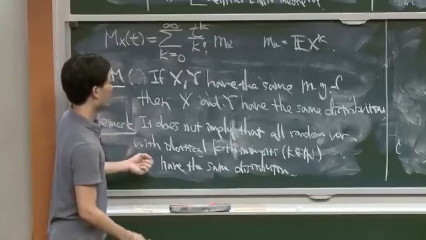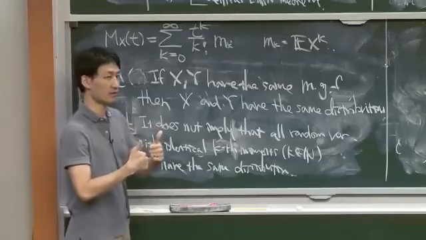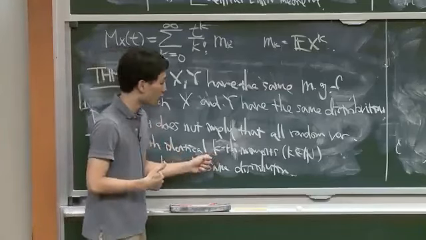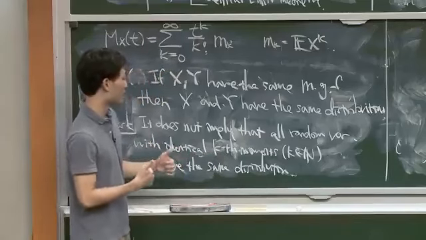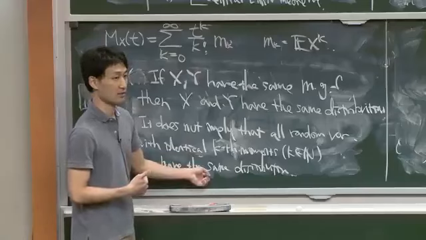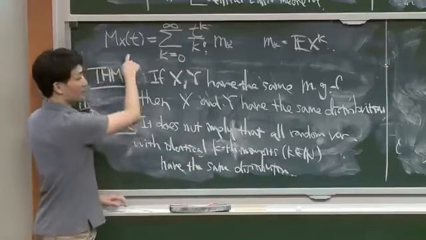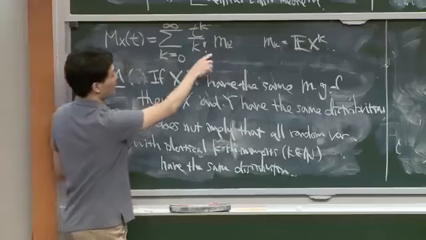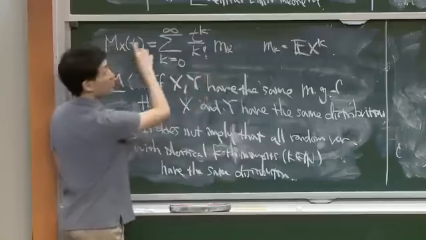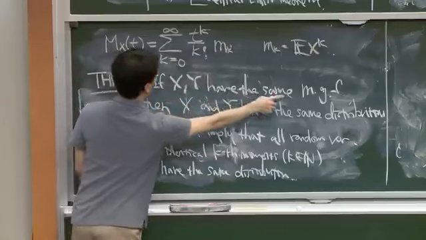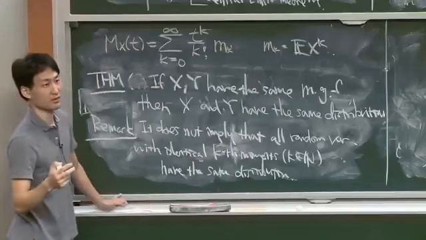It says that it's not necessarily the case that two random variables which have identical moments, so all k-th moments are the same, have the same distribution. That seems like it doesn't make sense if you look at this theorem, because the moment generating function is defined in terms of the moments. If two random variables have the same moments, they have the same moment generating function. If they have the same moment generating function, they have the same distribution. There's a hole in this argument.